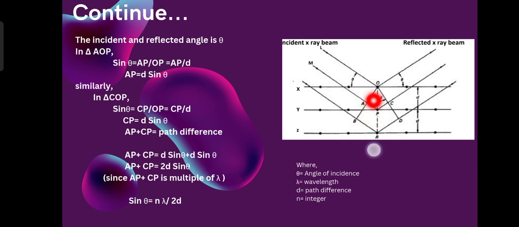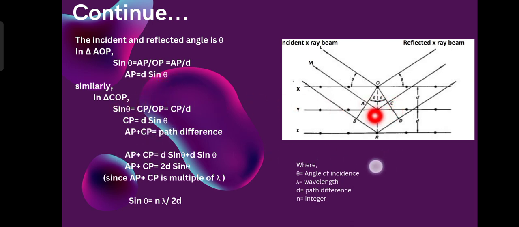Sine theta is equal to opposite upon hypotenuse. So the opposite of theta is AP and the hypotenuse is OP. And we know that OP is nothing but the interplanar distance, which is represented by D, that is AP upon D. Now we will arrange this as AP equal to D sine theta.